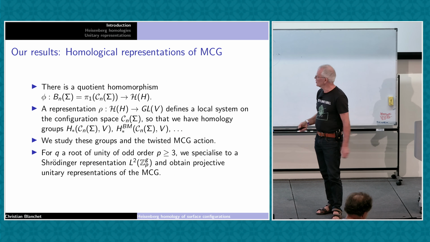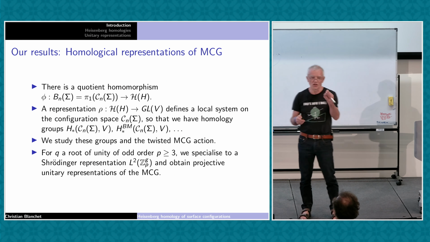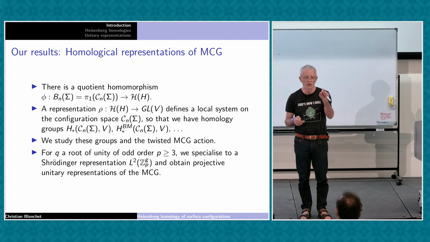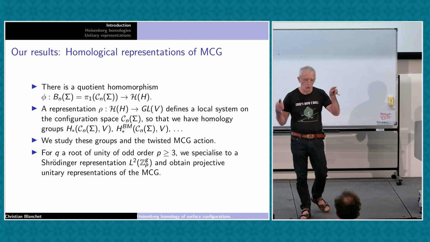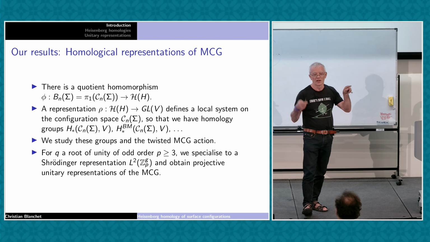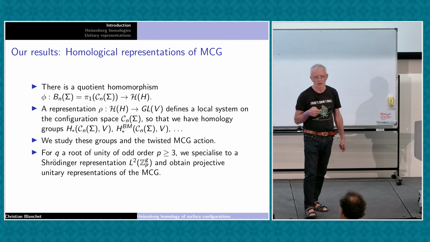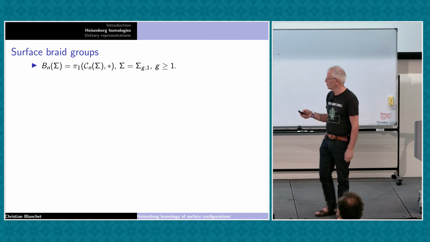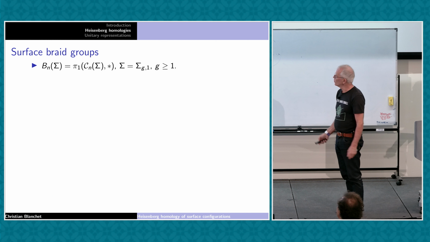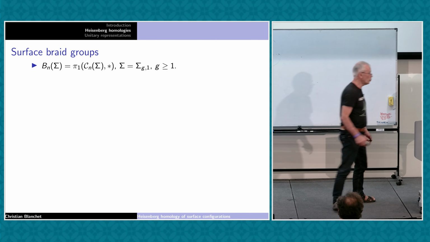The fact that it is projective means the representation is given up to an element of S1. But this is not a big deal because you can take a central extension of the mapping class group and get a native unitary representation of the mapping class group. This is the goal. So then we start with a surface braid group.